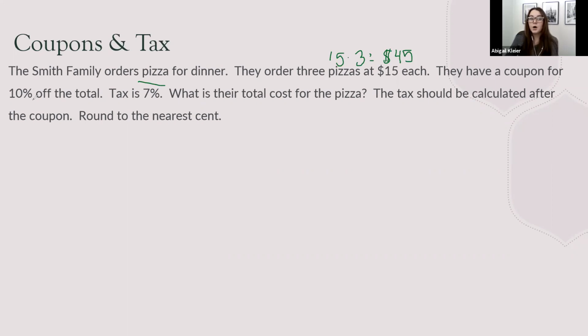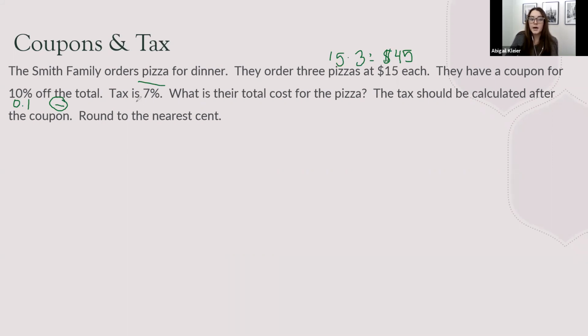They have a coupon for 10% off the total. All right, I'm going to convert that rate. 10% equals 0.1. And since this is off the total, I know that I'm going to be subtracting that at some point. And then we have tax is 7%.